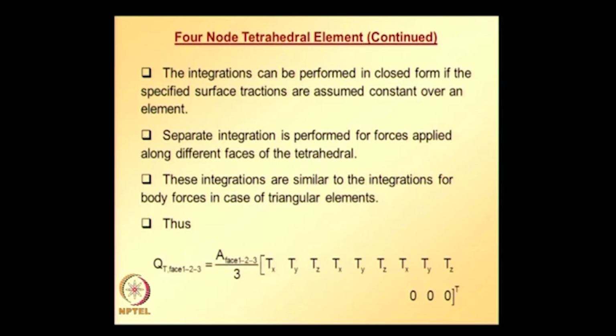It can easily be noticed, since we are dealing with face joining nodes 1, 2, 3, if you see this vector, it is having non-zero components corresponding to nodes 1, 2, 3 and 0 components corresponding to node 4. And also it can be noticed that the total load on the face 1, 2, 3 is divided equally among all the 3 nodes defining that face.